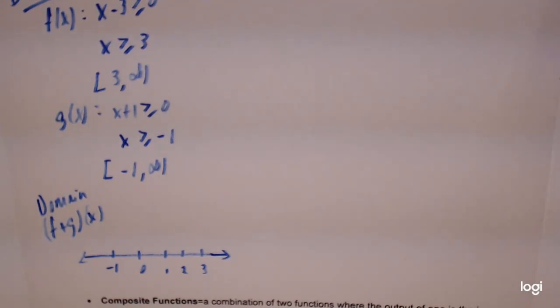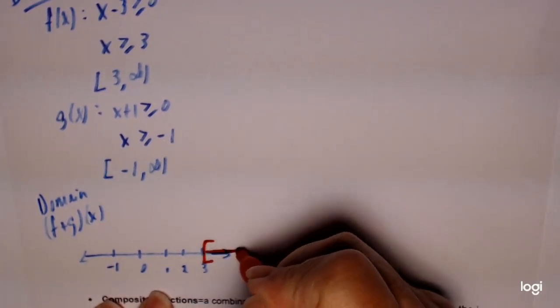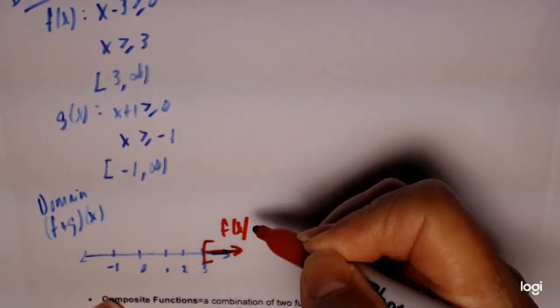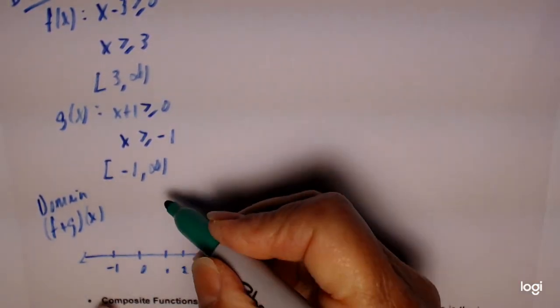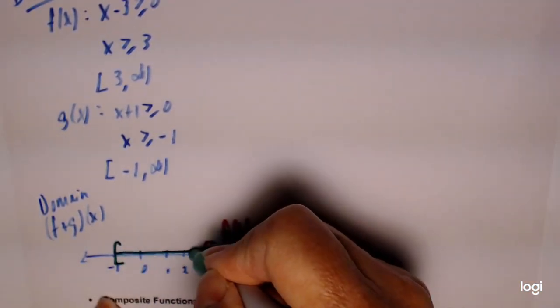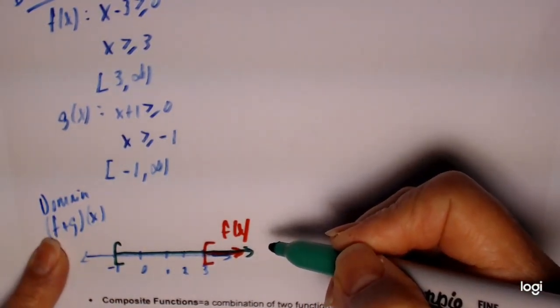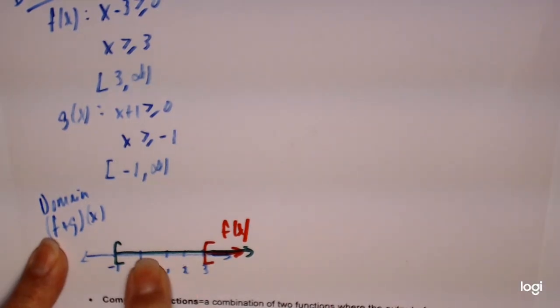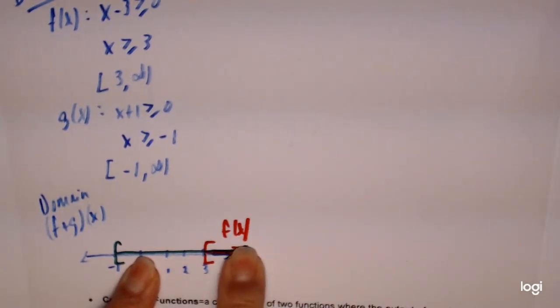So f of x says it has to be 3 to infinity. So for f of x, there's our domain. So this is our f of x. For our g of x, it says -1 to infinity. So g of x is back here, okay? For our f plus g, we can't include these x values back here because they don't work for f of x.